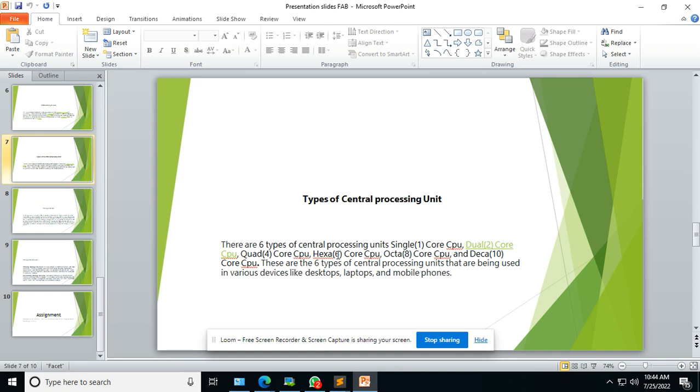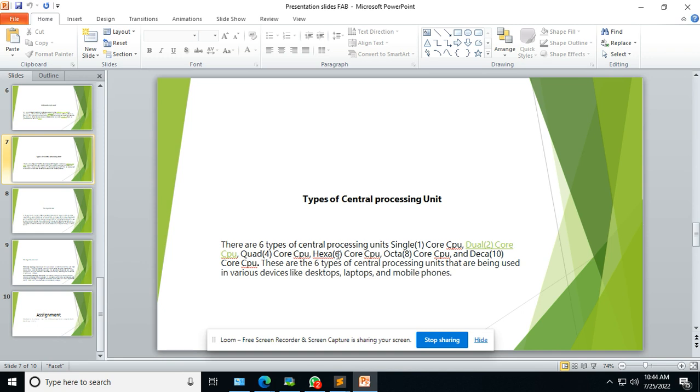We have types of central processing unit. We have six types of them: the single core, the dual core, the quad core, the hexa core, the octa, and the deca. Those are the six types of central processing unit used in devices like desktops, laptops, and mobile phones.